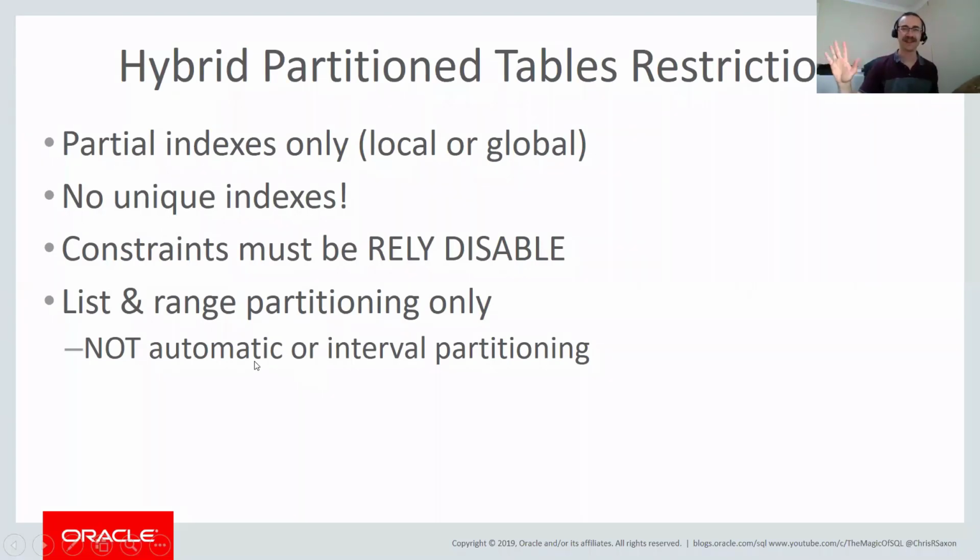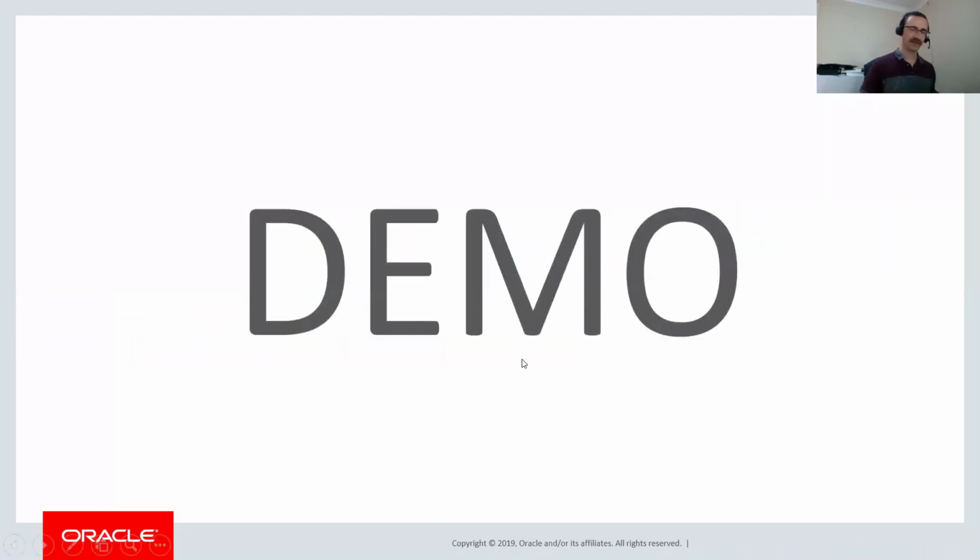There's no chance of forgetting to create the new partition or split values out of a max value partition. You've got to go with the traditional max value range partitioning if you want to use hybrid partition tables. So there are some limitations with these. Okay. I'm going to jump over to a demo.